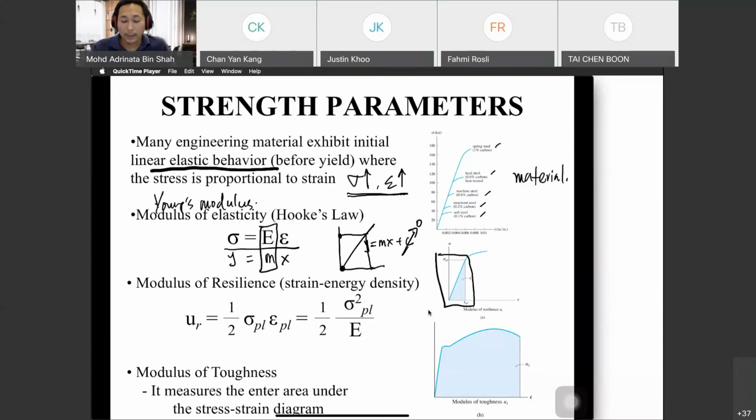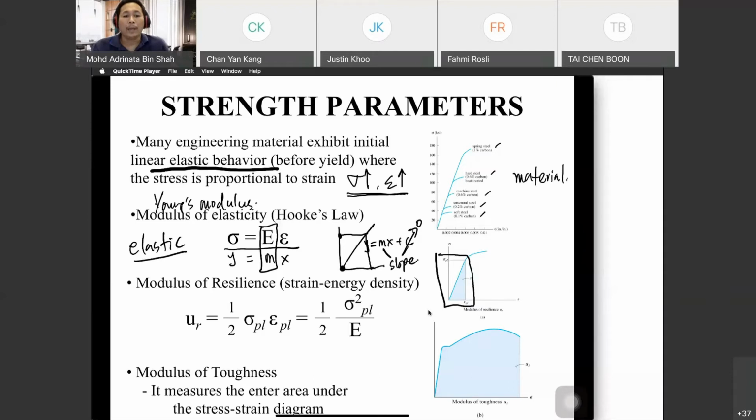The modulus of elasticity is the m in our stress strain diagram. What is m? M is our slope. In the elastic region only. Hooke's law applies in the elastic region only.